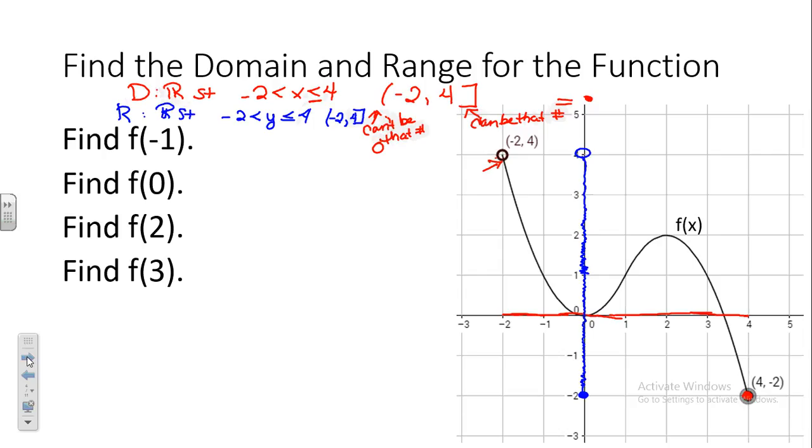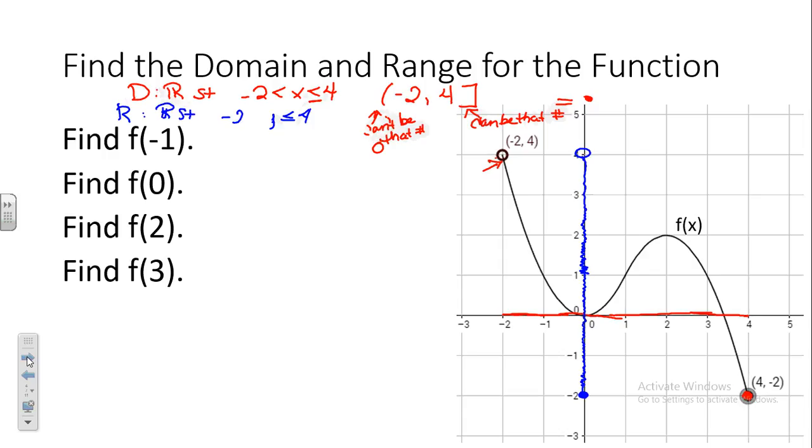I'm sorry. Yes, thank you. You caught me. Made a mistake. -2 we can be, can't we? We have a closed circle here. So we need our equal to here, and we need our brackets to change. Apologies.